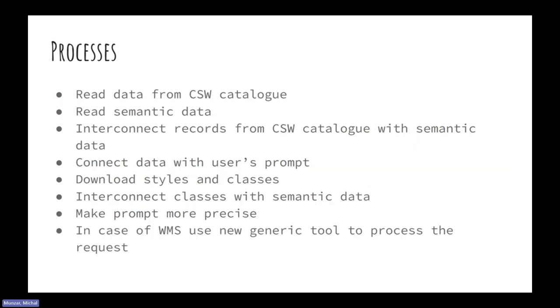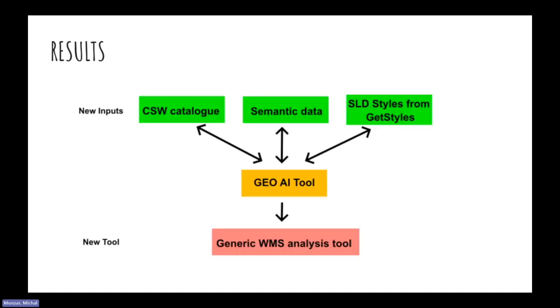So if we look together, maybe here, what we come to is that we integrate the CSW catalog, semantic data, and SLD styles. Those are interconnected new inputs into the GeoAI tool, and then we develop a new tool to analyze WMS data.